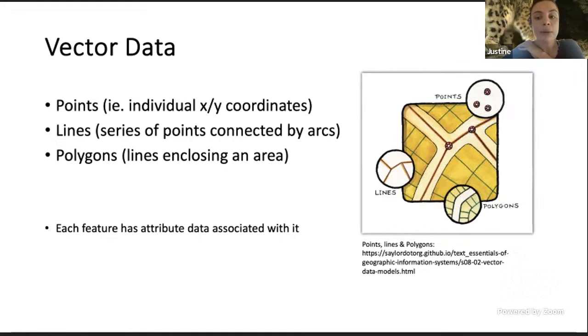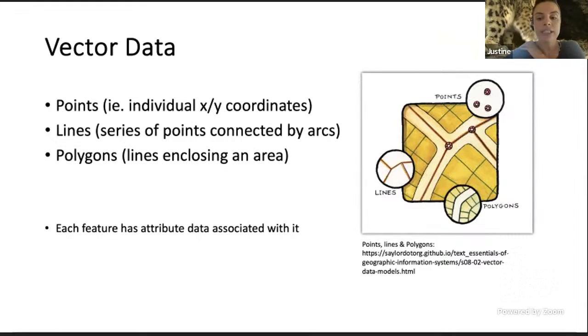In the case of a polygon, the first coordinate, the point on the first line of a segment, is the same as the last coordinate pair on the last line of the segment, which represents that loop. And this could be city boundaries, lakes, vegetation communities, a nature reserve.